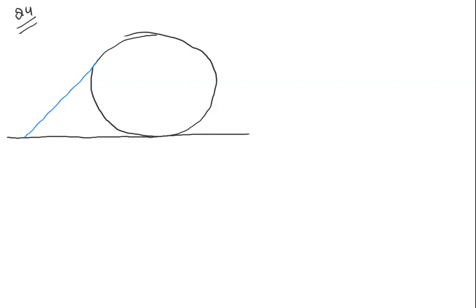So basically what they are saying is that we have a circle of radius r and this angle is theta. The stick or the rod has mass per unit length lambda.